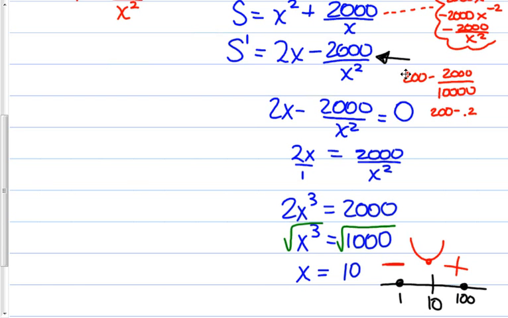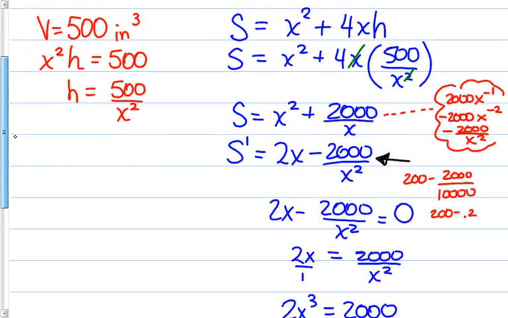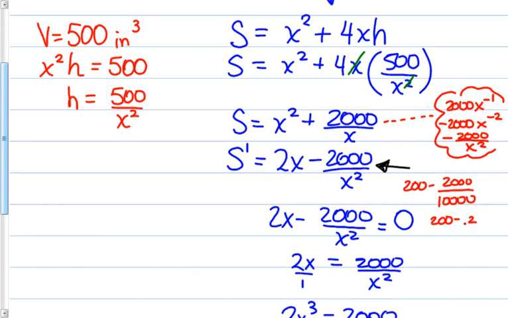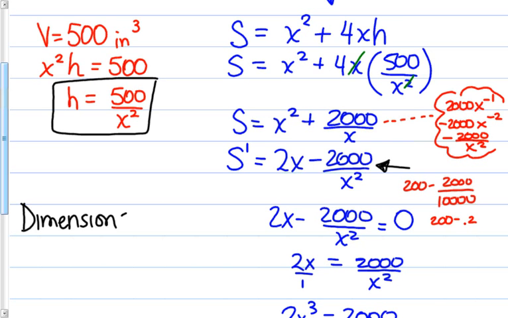Now it says what dimensions. So if I have my x, I need to find my h. Let's go back up. I have enough room. So my dimensions for this box, since it has a square base, that means x by x by h. Right?